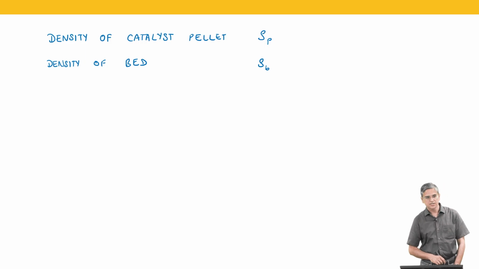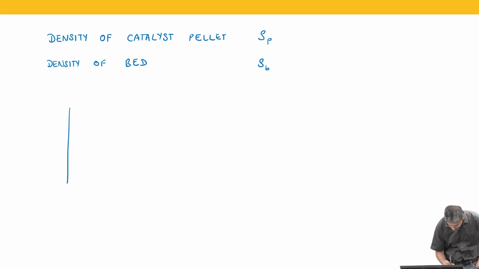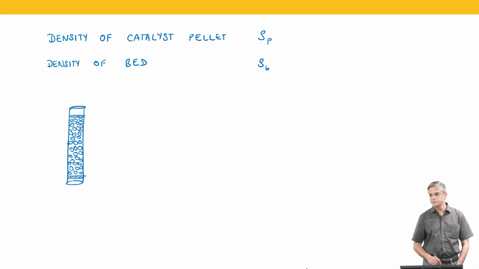Why are there two densities? Because this is how the bed would be.